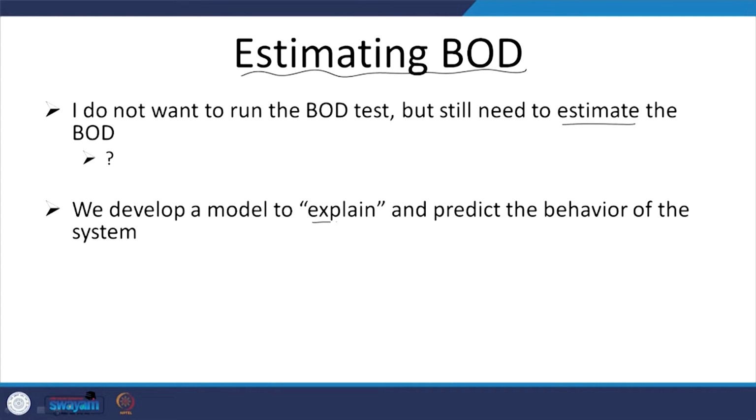I develop a model to explain and predict the behavior of the system, assuming that I know the different underlying variables and constants, and I can make some reasonable assumptions. I want to be able to explain the system, as in if the BOD right now is so and so, and if the temperature is this, assuming a rate constant of k, I am going to see this BOD at the end of 5 days or 10 days or 3 days.